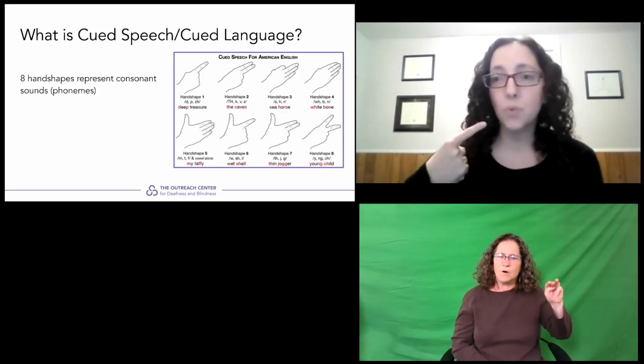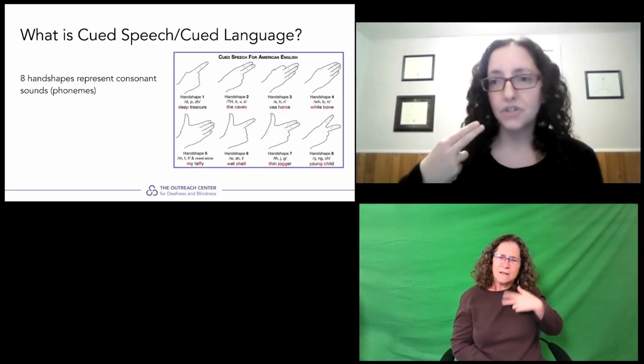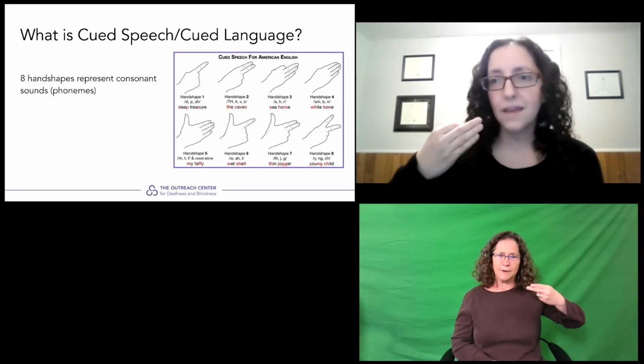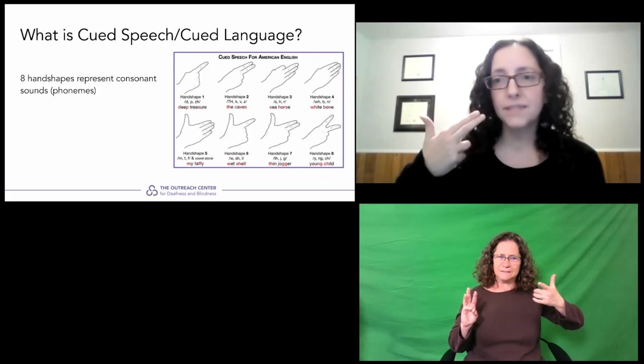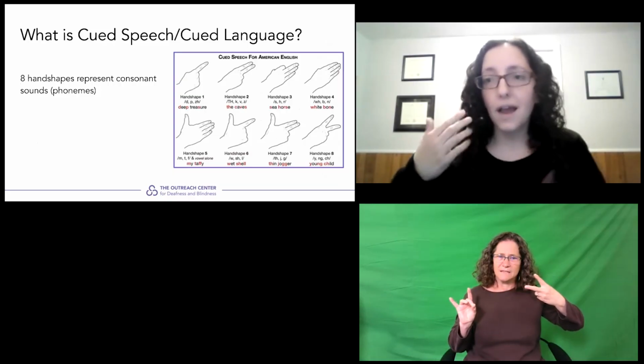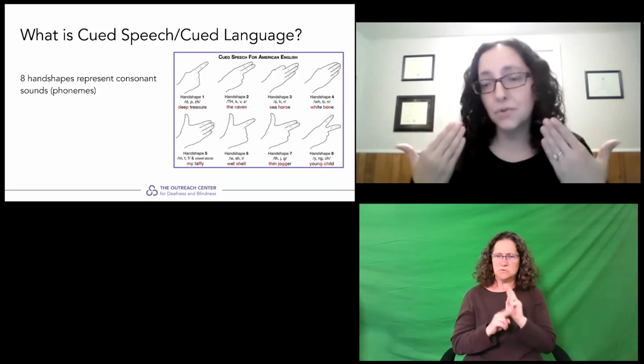So this is hand shape 1, hand shape 2, hand shape 3, hand shape 4, hand shape 5, hand shape 6, hand shape 7, and hand shape 8. I can use either hand or I can use them both.